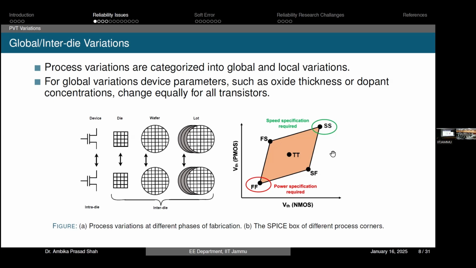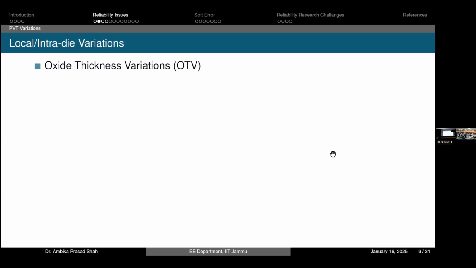Okay, so this is what the corner says and how it works. Now, I was talking about some of the local variations, and those local variations include oxide thickness variation.